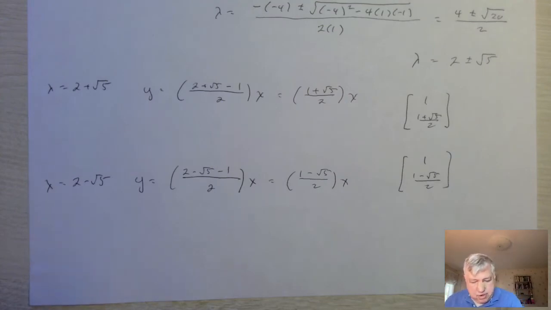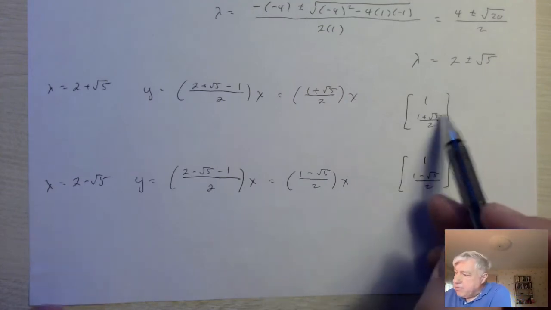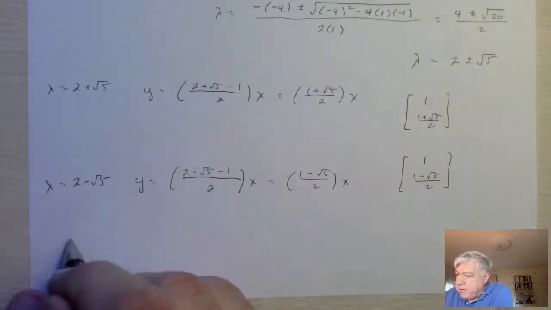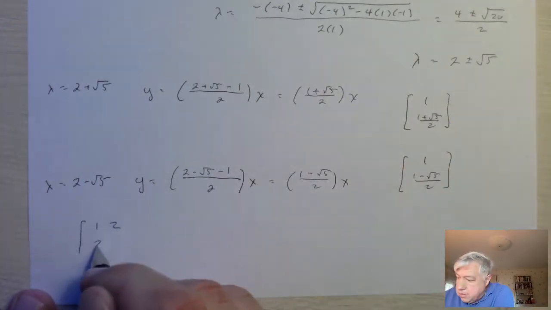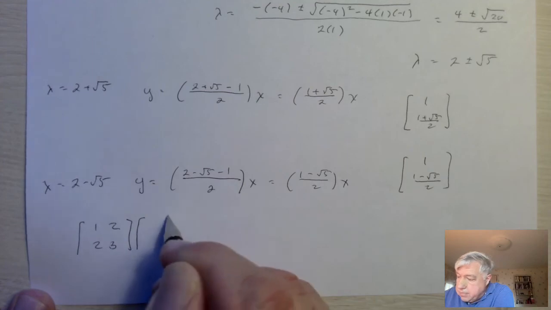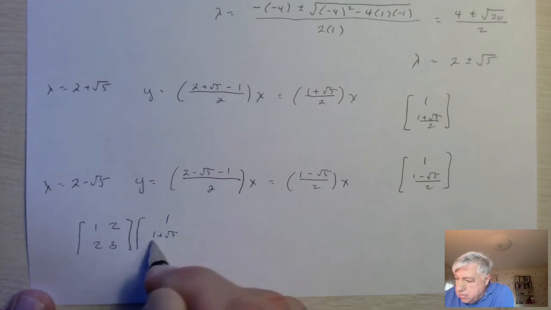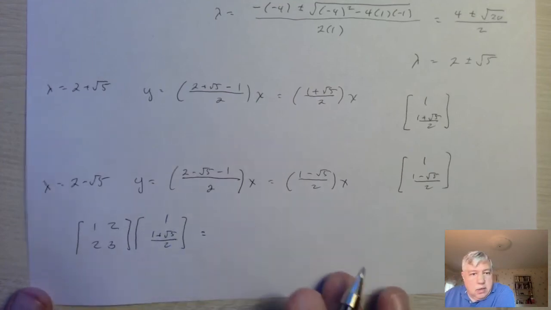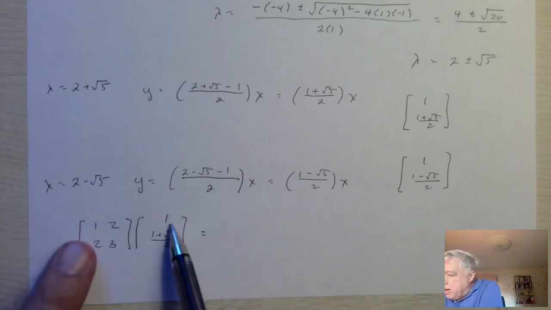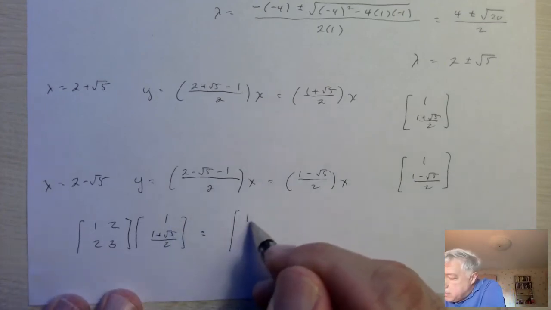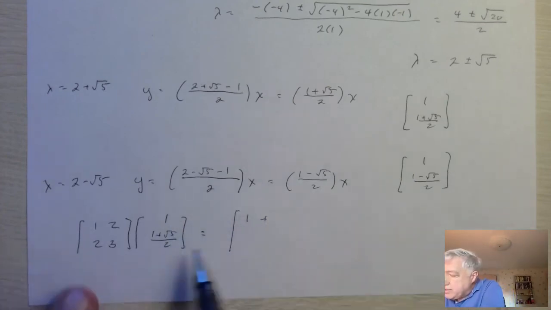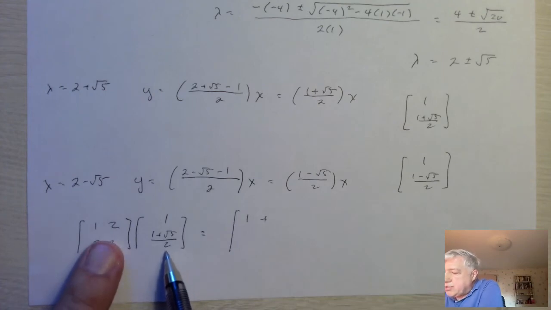And just to show you that this actually works, let's take this vector and multiply it by our original matrix. This is going to be 1 times 1 plus 2 times 1 plus square root of 5 over 2.